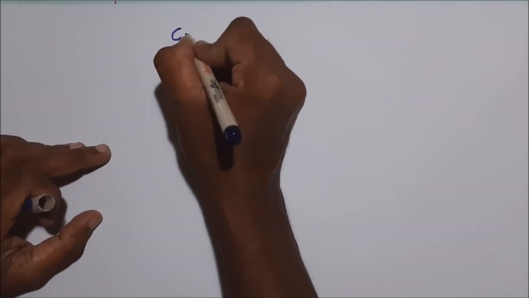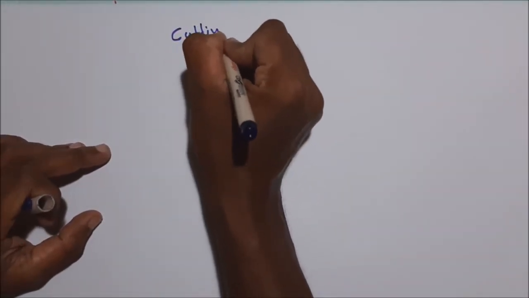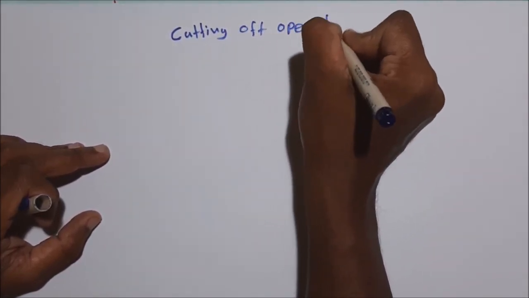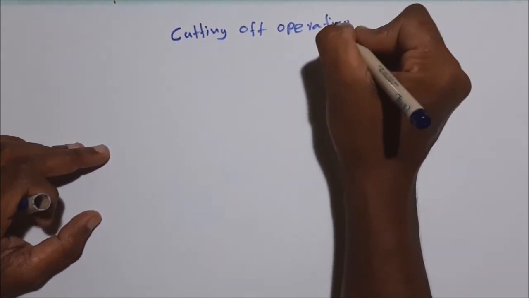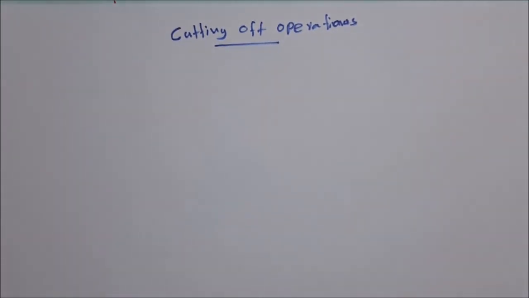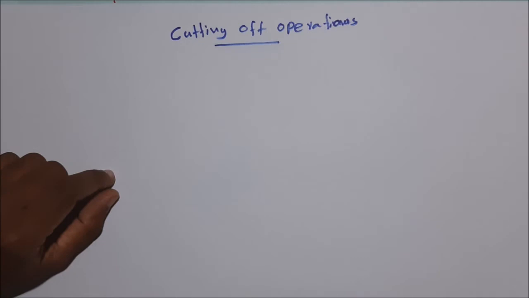Then the parting off operation. Next one, the cutting off operation. Cutting off means to separate the part.